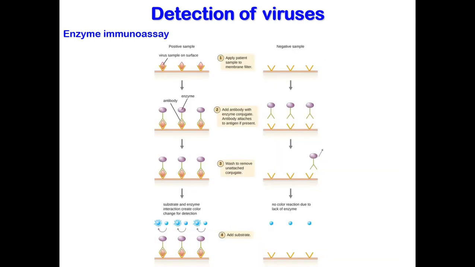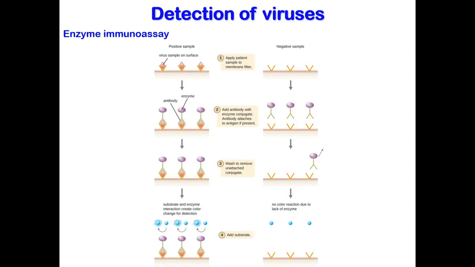Enzyme immunoassays can be used to detect viruses, and this requires a few drops of diluted patient serum or plasma applied to a membrane filter. Then the next step is to add antibody with enzyme conjugate. Okay, so this is antibody conjugated to an enzyme. Then the antibody will attach to any viral antigen present.